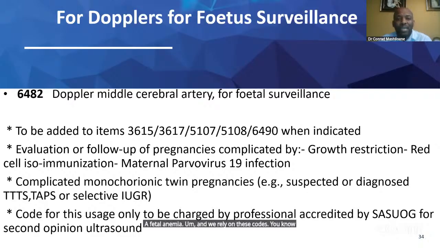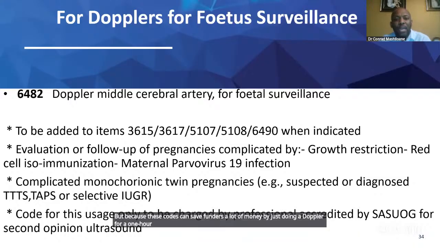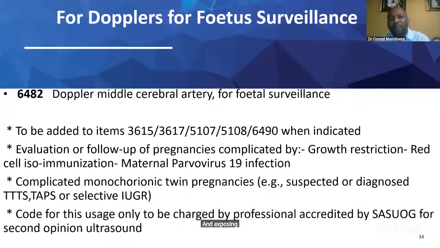The RVU for these codes is about 10 units. But these codes can save funders a lot of money by just doing a Doppler for 1 RVU. You are able to delay delivering a preterm baby and exposing the funder to these huge costs of ICU.